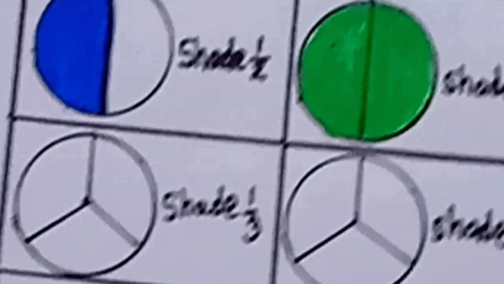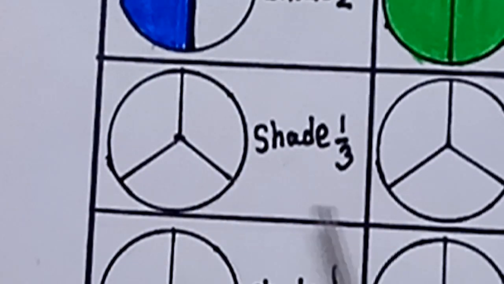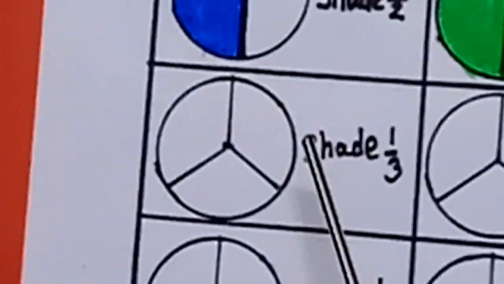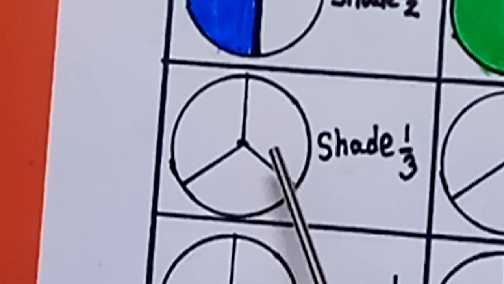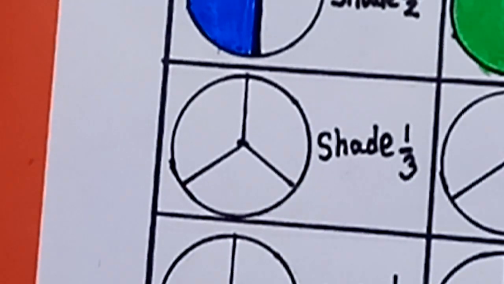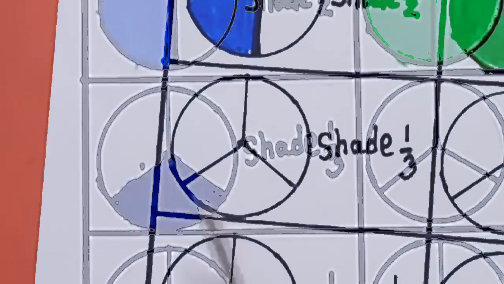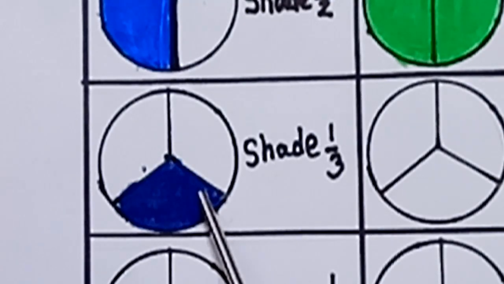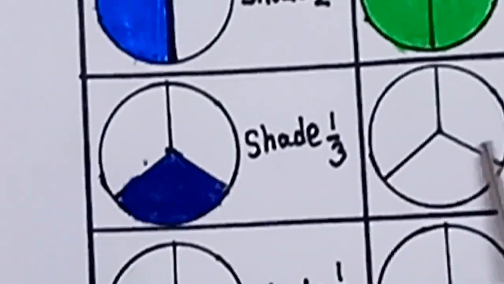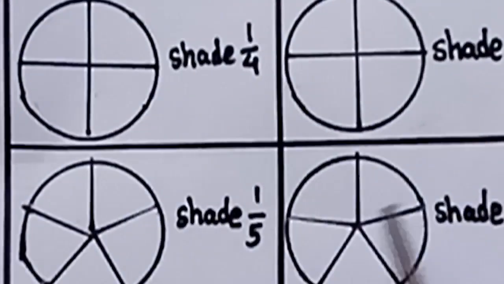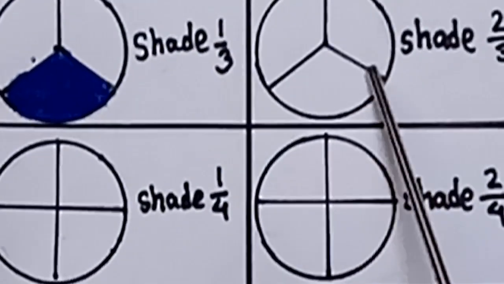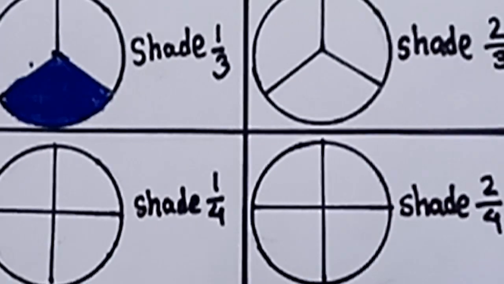Next question is shade 1 by 3. Here 3 parts, I have to shade only 1 part. I have shaded 1/3. Like this, you have to shade all the figures.